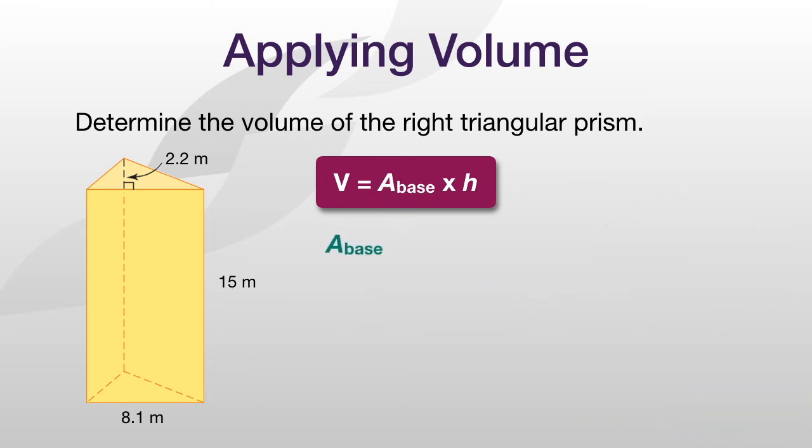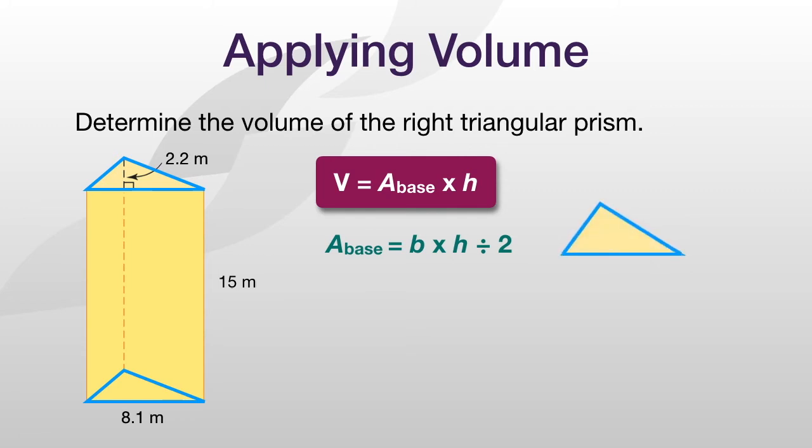First, we need to consider the area of the base. The base of this prism is a triangle, so its area is base times height divided by 2. Note that the h in this formula refers to the height of the triangle, not the height of the prism. The base of this triangle is 8.1, and its height is 2.2.